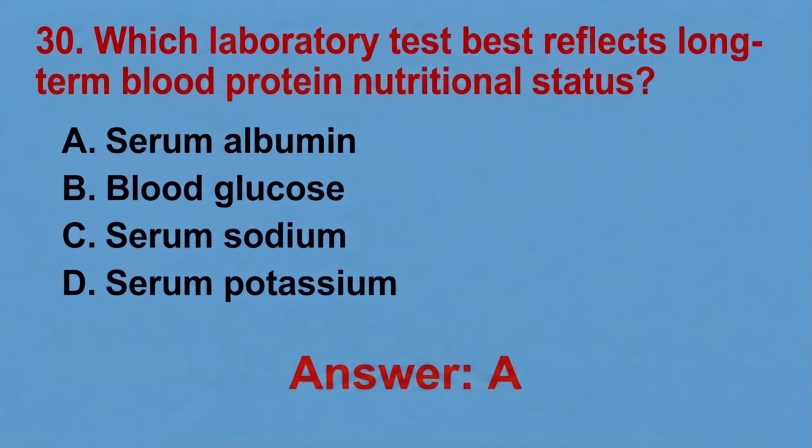Option C is not correct because serum sodium reflects fluid and electrolyte balance rather than protein nutrition. Option D is not correct because serum potassium is important for neuromuscular function and cardiac activity, but does not assess protein status.